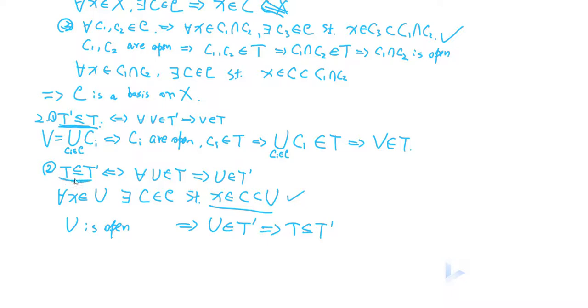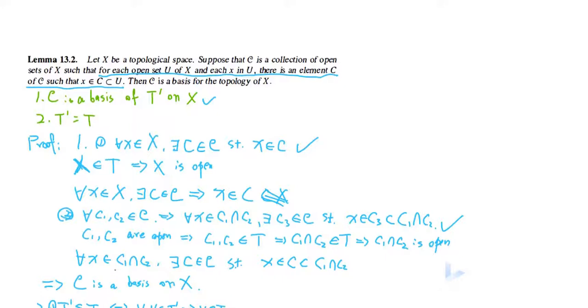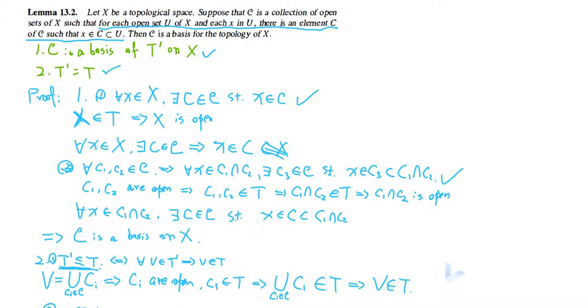Okay, so we proved this relationship, and with those two results, we can see that T prime is equal to T. Because we proved those two steps, we can see that C is a basis of the topology T on X, which proves this lemma.